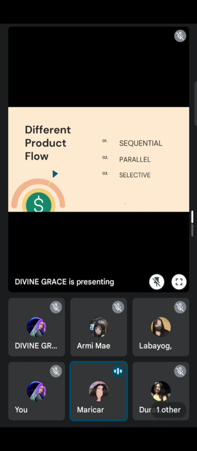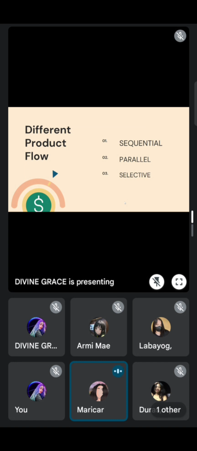Each unit may follow a unique path through the production process based on specific conditions or requirements. An example is customized electronics manufacturing, where certain features or components are selectively added based on customer preference, creating different product variations.